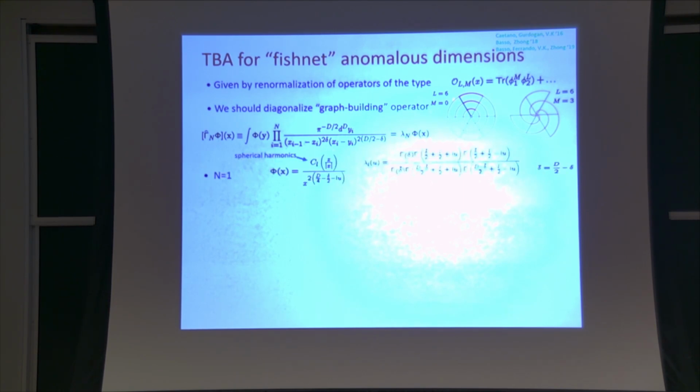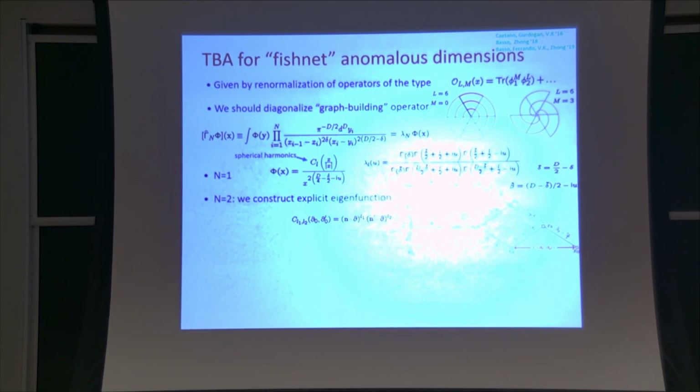We do it easily for a single one. Suppose you have only one of these frames. The function is just a power times some spherical harmonics, and the eigenvalue can be easily calculated by plugging it in. In 2 dimensions, it's already hardcore integrability. Say you have points 1 and 2. You have this operator; this point is fixed at the origin, and you send x1, x2 into y1, y2.